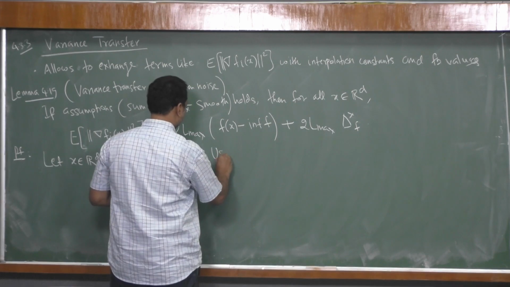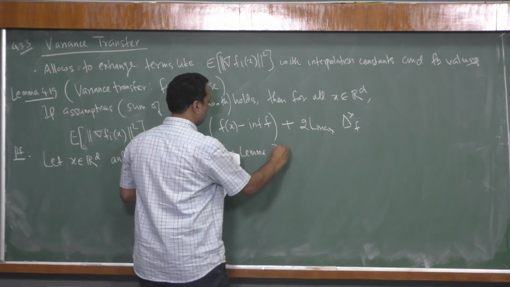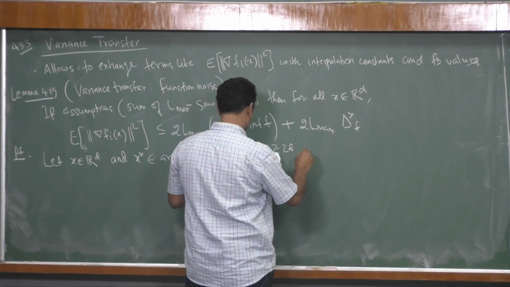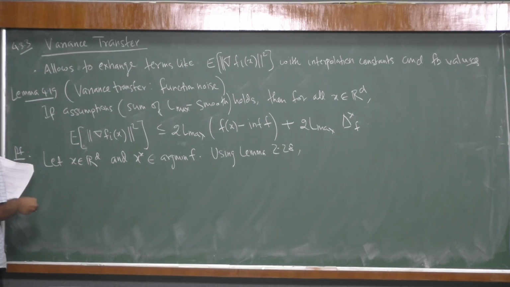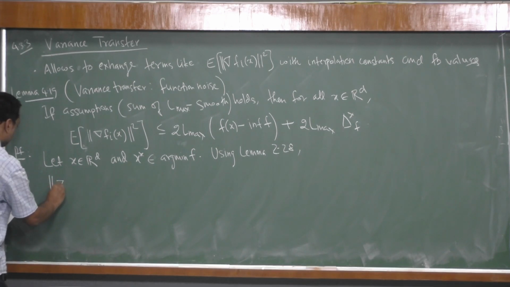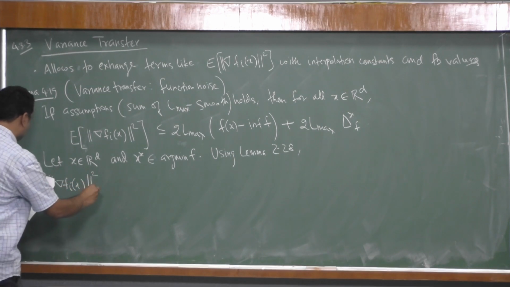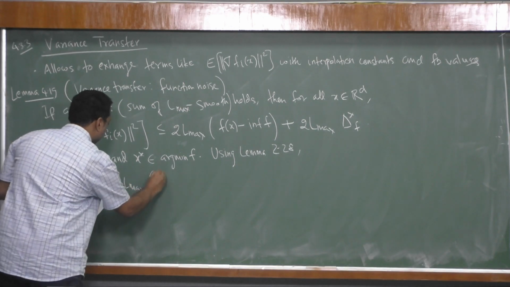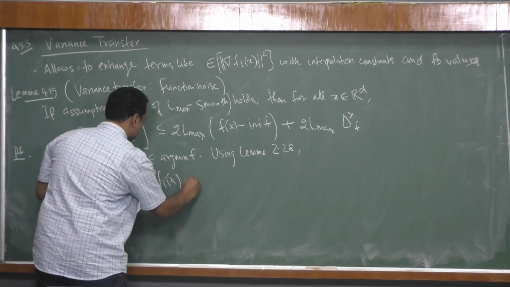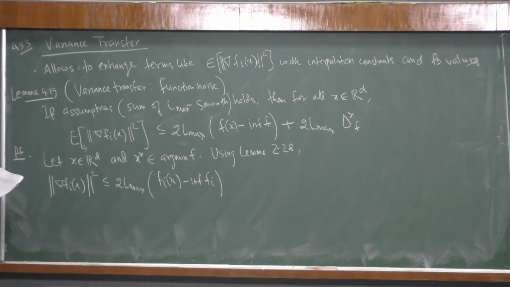So the gradient of f_i at x squared is less than or equal to 2 L max (f_i(x) minus infimum of f_i). So that's the application of the lemma itself.